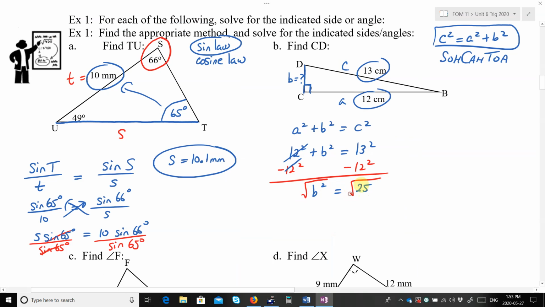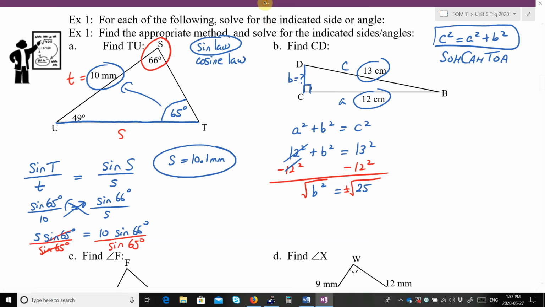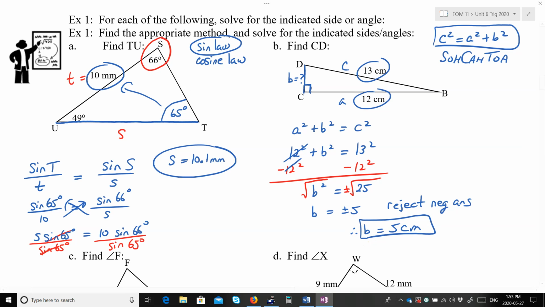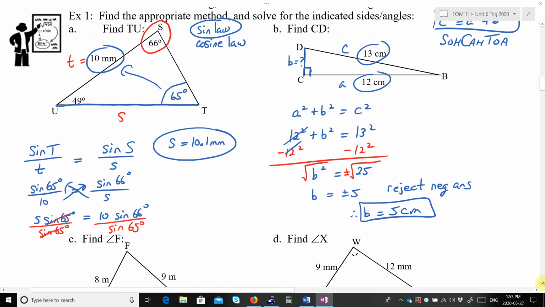Square root with a plus or minus. B equals plus or minus 5. We're going to reject the negative answer. Therefore, B is equal to 5 centimeters. We're finding the length of a side of a triangle. All right, so that's how you do letter B, classic Pythagoras, in a 90-degree triangle.